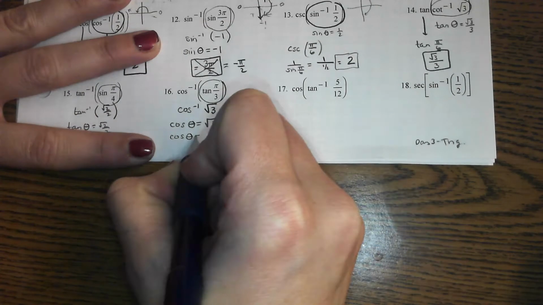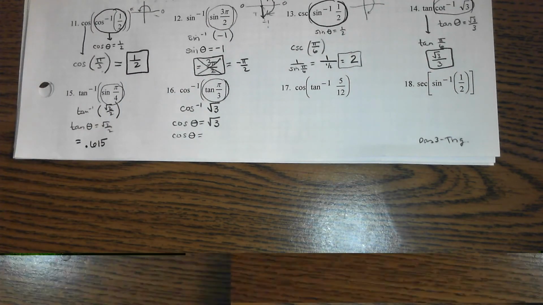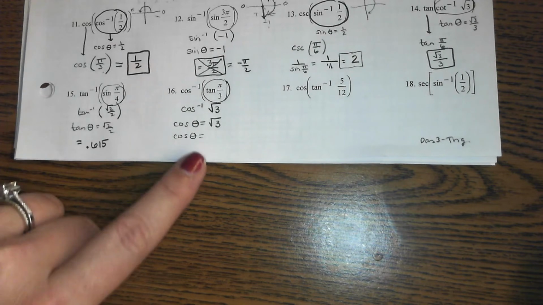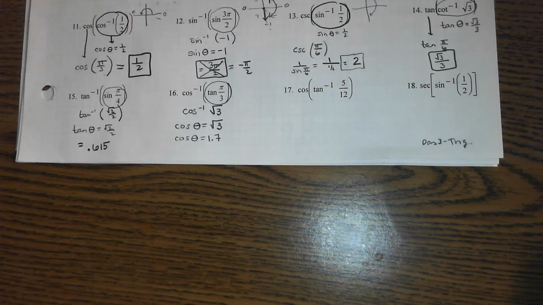I'll give you a hint, something to think about. Radical 3 is the same as 1.7. Okay, who thinks they're potentially going to get bonus points by giving me a serious answer?